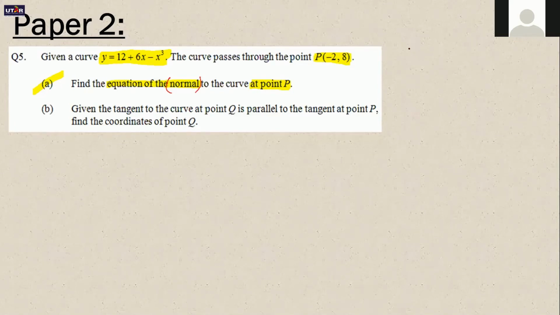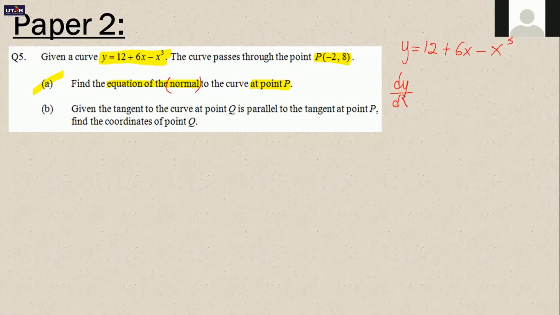Okay? So first, find the gradient of tangent. So gradient of tangent, dy over dx. This is the curve. Since the normal line is at a point on the curve, we are going to find dy/dx of this curve.